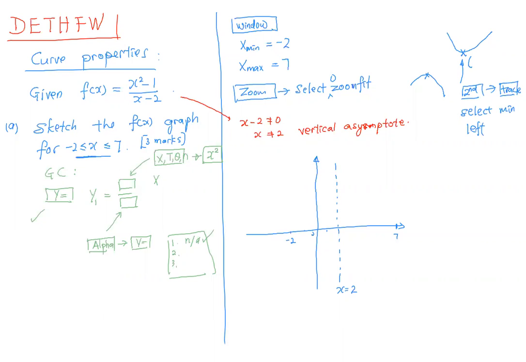Okay, everyone start. Tell me the x coordinate of the turning point and the y coordinate of the stationary point.